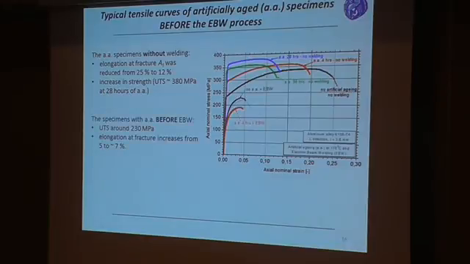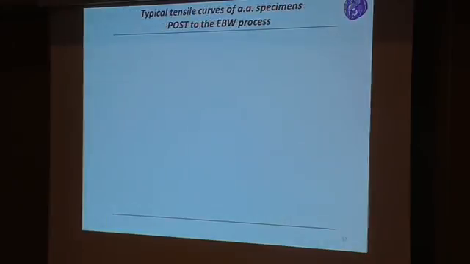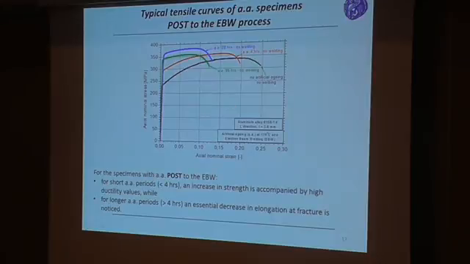For the specimens with artificial aging before welding, the ultimate tensile strength was around 230 megapascal, and the elongation of fracture increases from 5 to 7%. Comparing the specimens with and without welding, there is an obvious decrease in ultimate tensile strength, as well as in elongation of fracture. Here we can see again the specimens without welding, and the specimens with artificial aging post to the weld.